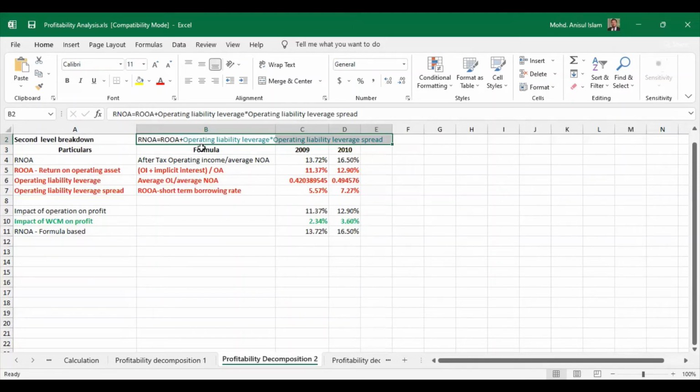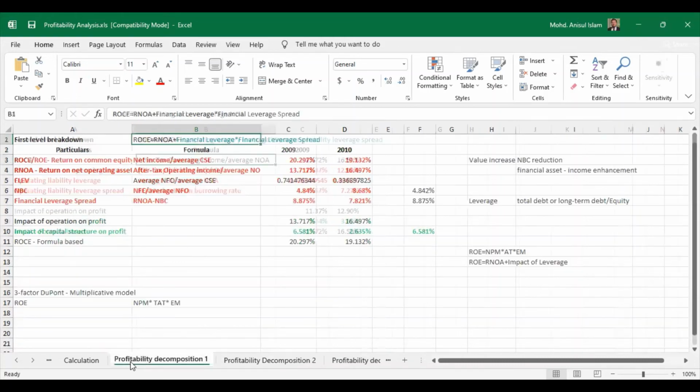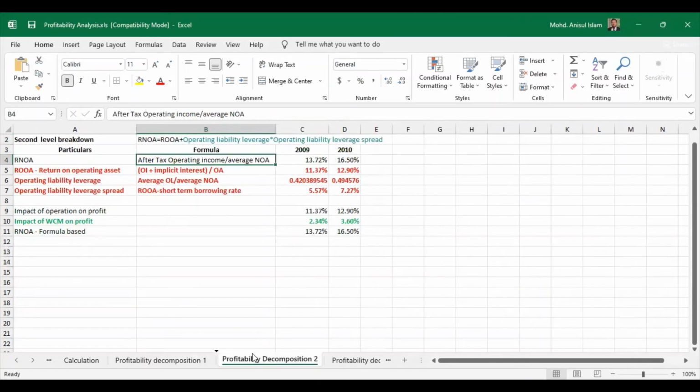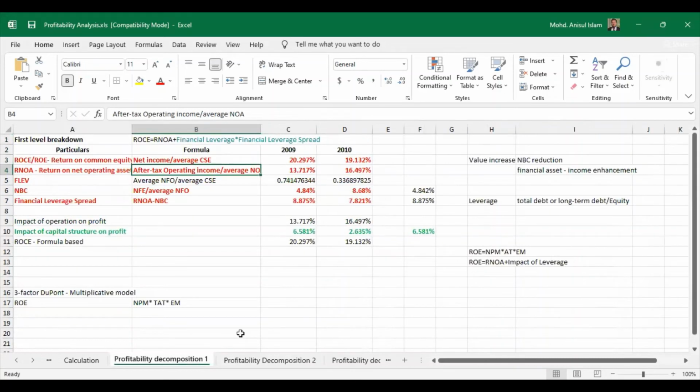So we already have the after tax adjusted operating income OI from the previous calculation. We have already calculated the after tax operating income, and we have taken the return on net operating asset here, the same numbers, 13.71 and 16.50, directly here.